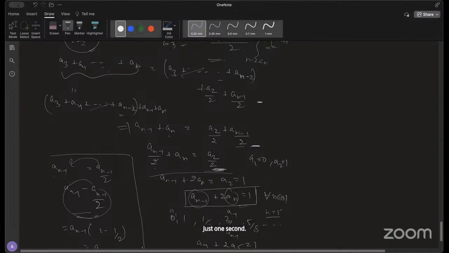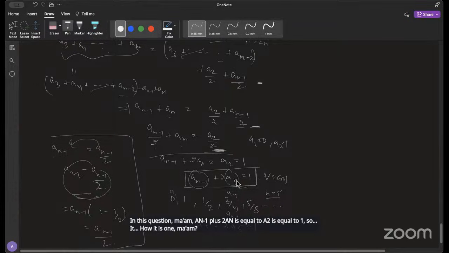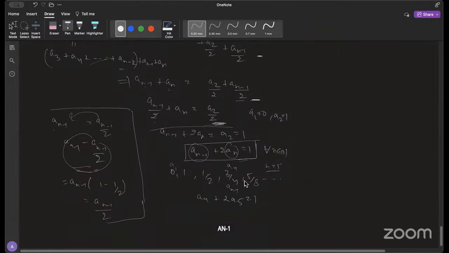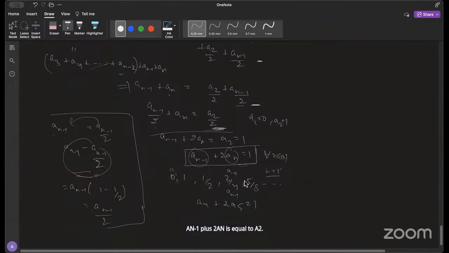In this question, ma'am, an minus 1 plus 2an is equal to a2 is equal to 1. How is it 1, ma'am? Which one? From the series, we can say that a2 is equal to 1. It is given in the question. Okay.